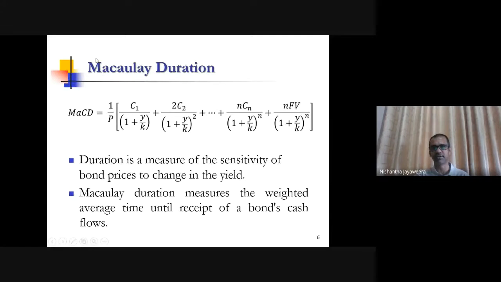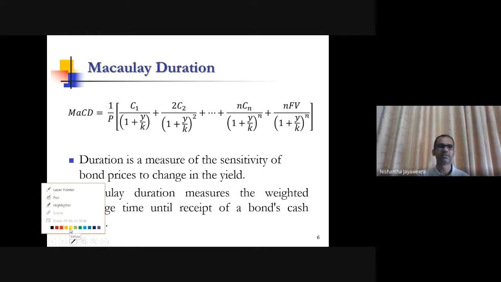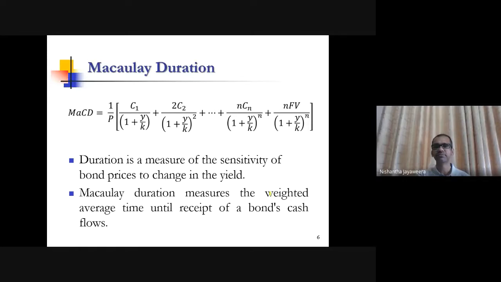The name Macaulay comes from the person who found this. So that's why we call it Macaulay duration. It's nothing but the weighted average time.